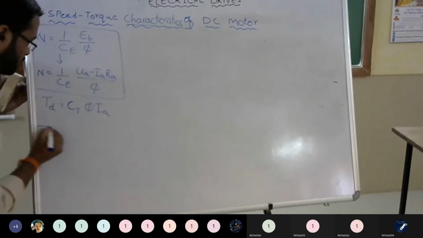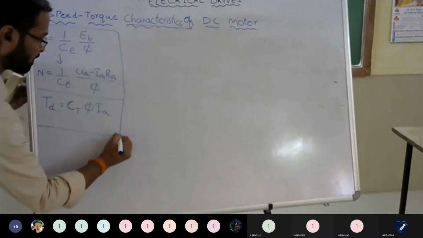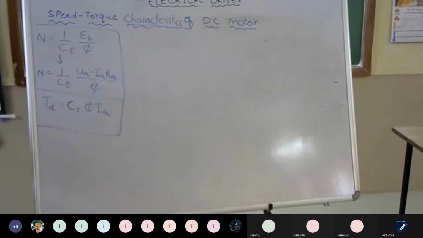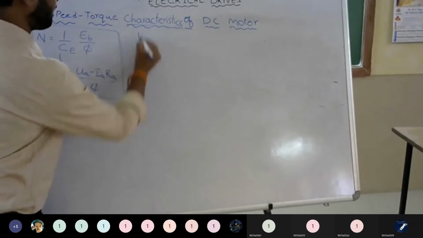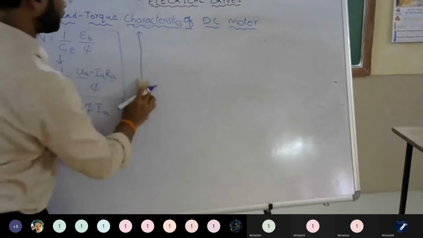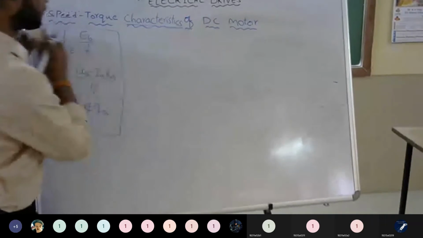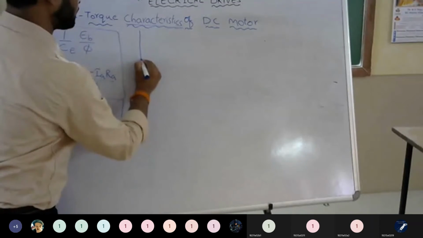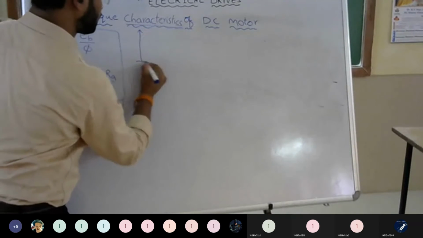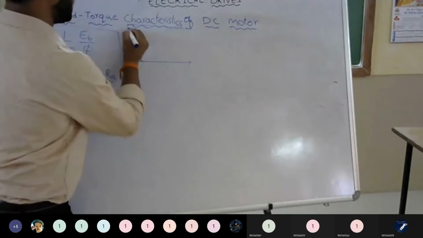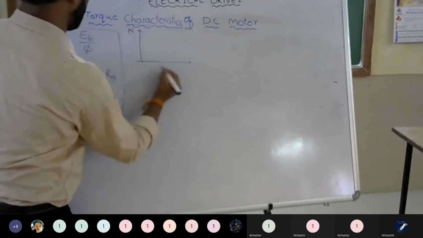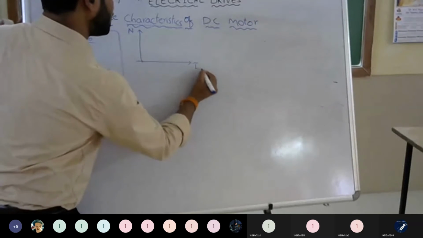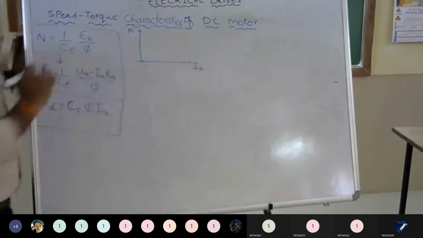This is the torque equation. Now we will draw one graph. Here we consider speed, and here we consider IA.